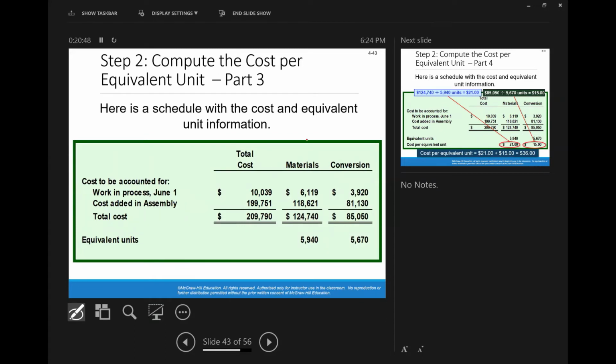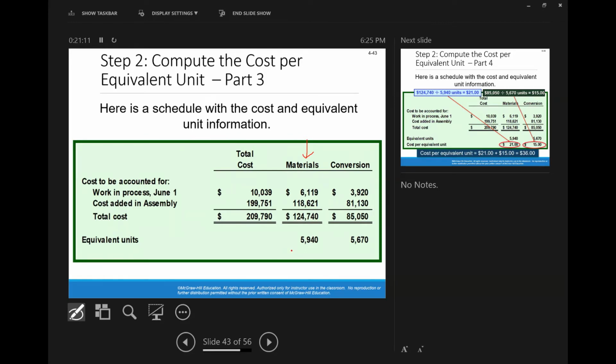Let's look at material. We're going to look at the materials department. So we have work in process on June 1 was 6,119. We added in 118,000 to come up with a total cost of 124,740. So all we're doing is adding those together.